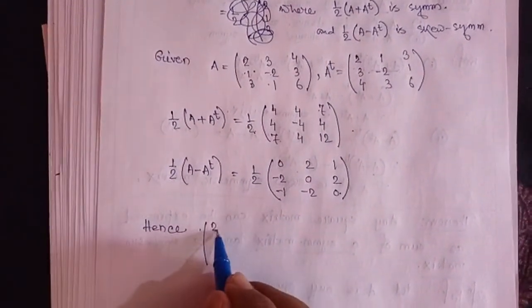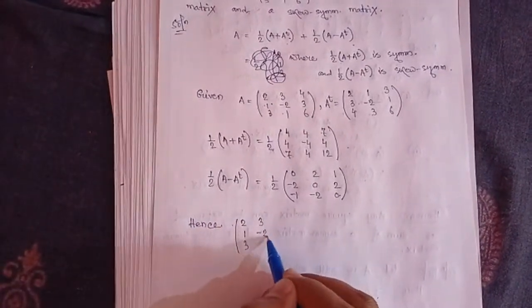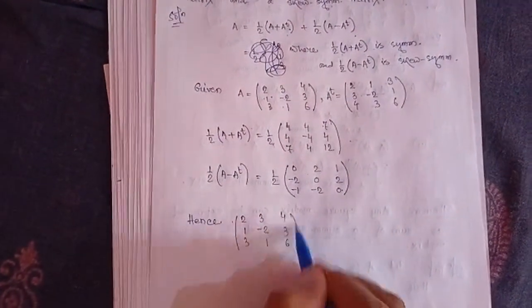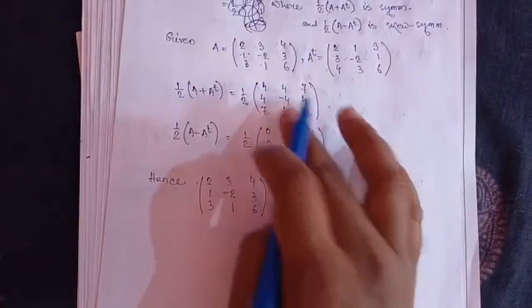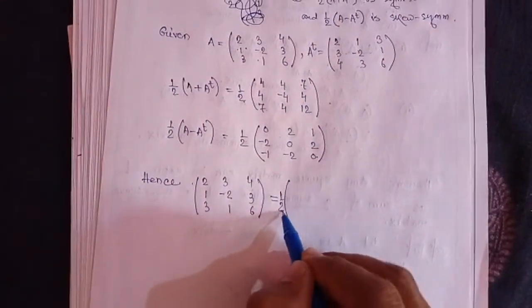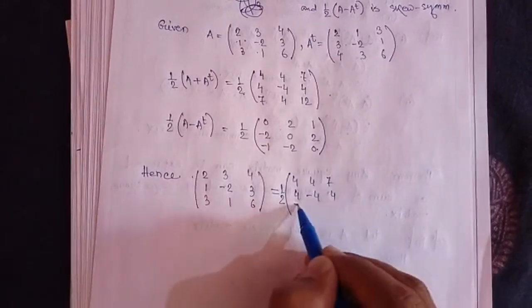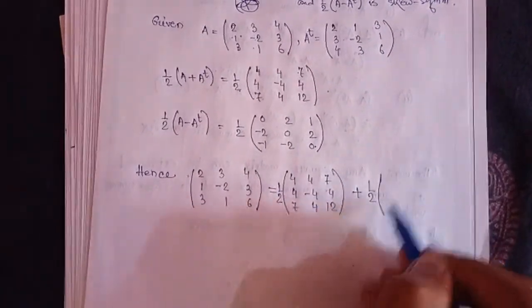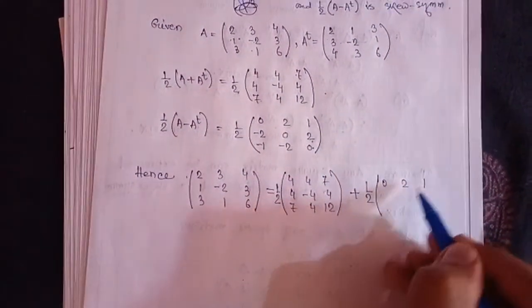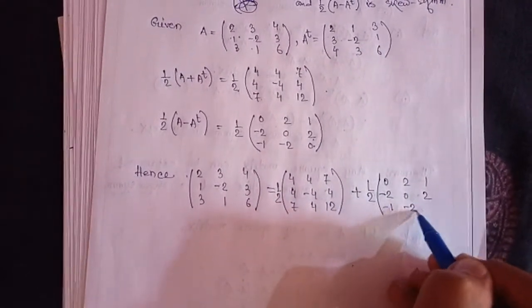A matrix, [2, 1, 3; 3, -2, 1; 4, 3, 6], can be expressed as the sum of a symmetric matrix, half of [4, 4, 7; 4, -4, 4; 7, 4, 12], this is the symmetric part, plus a skew-symmetric part, half of [0, 2, 1; -2, 0, 2; -1, -2, 0].